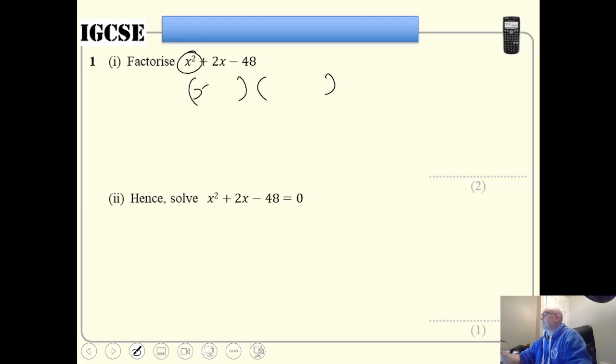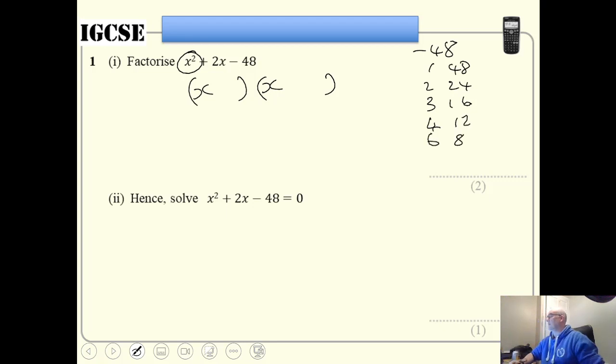To make x squared, remember I need x and x. To make negative 48, so 1 and 48, 2 and 24, 3 and 16, 4 and 12, 6 and 8. They're all my factors of 48.